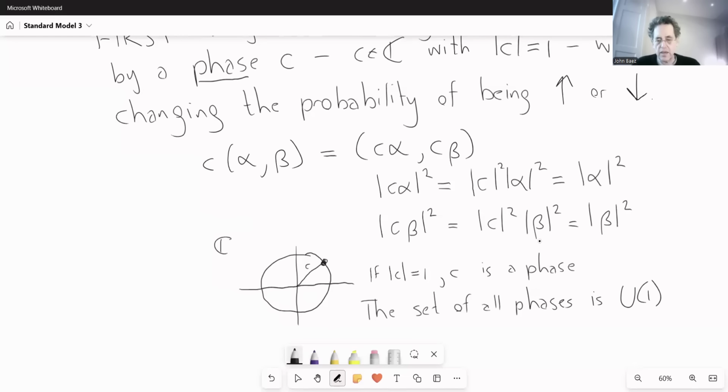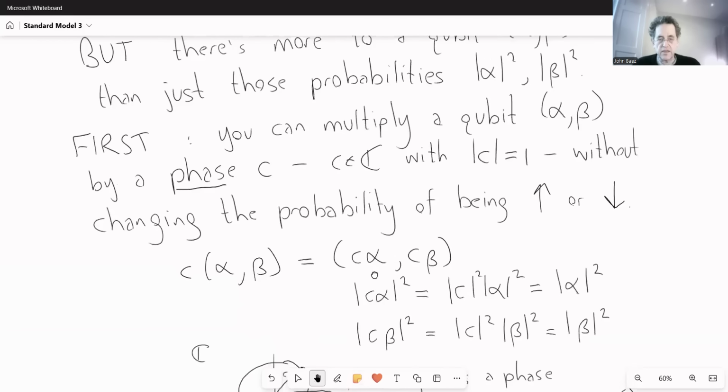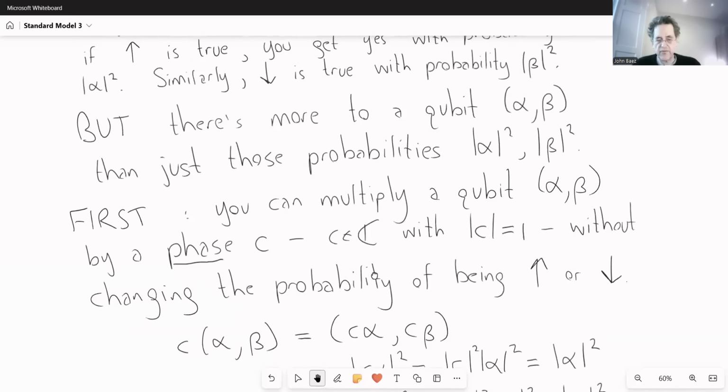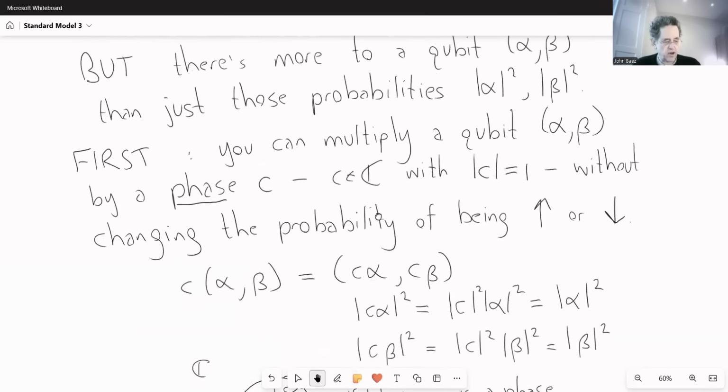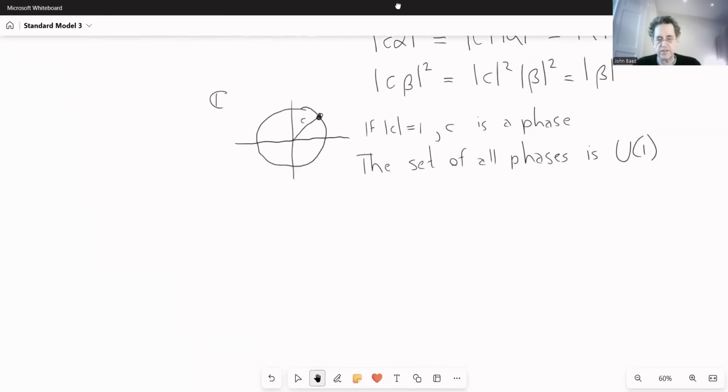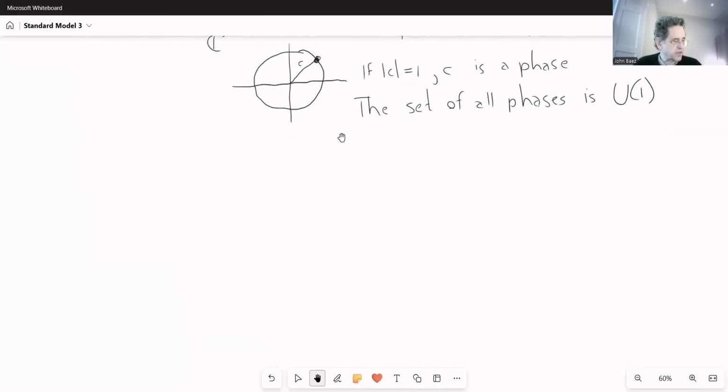But I'm talking about qubits now, and what I'm telling you is that you can multiply any qubit by a phase and get a new qubit. However, there's more to the weirdness, because you can multiply a qubit by a phase and get a new qubit with the same probabilities of being up or down. But there are other things you can do to a qubit without changing those probabilities. So let's look at that.